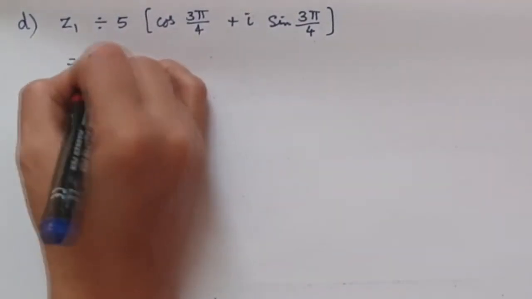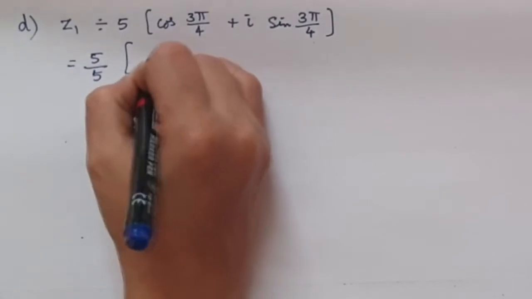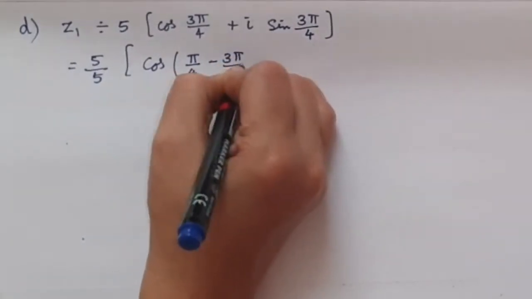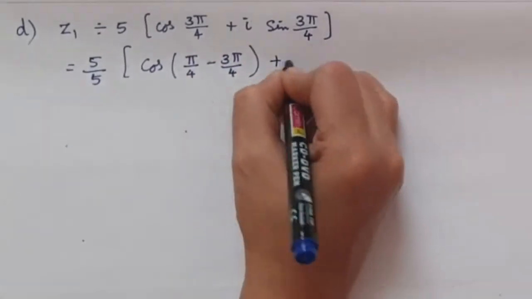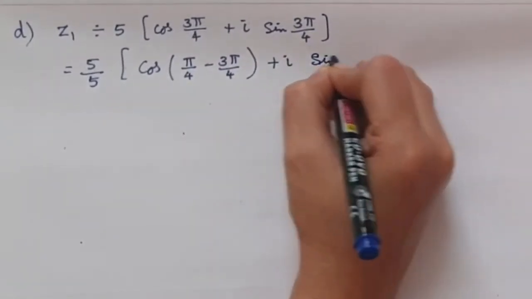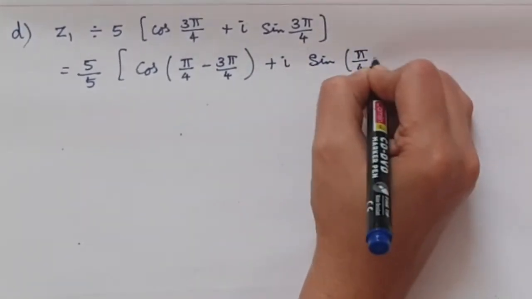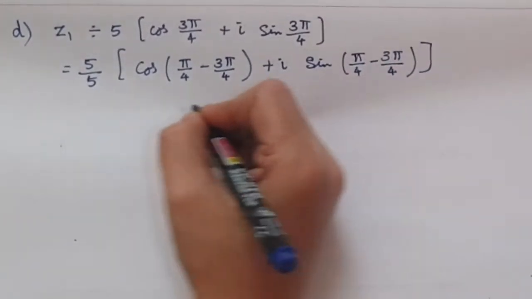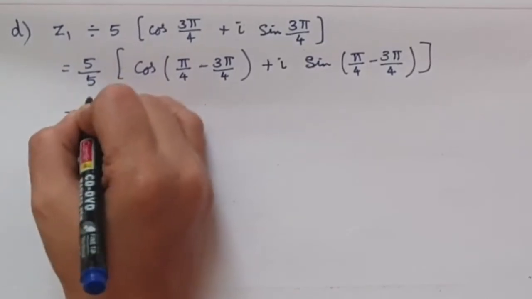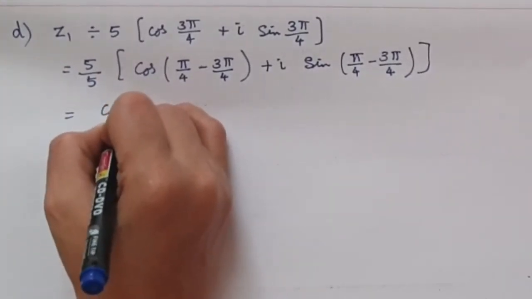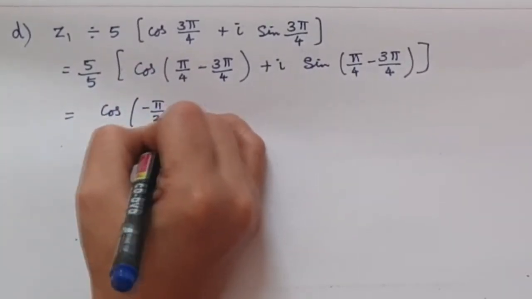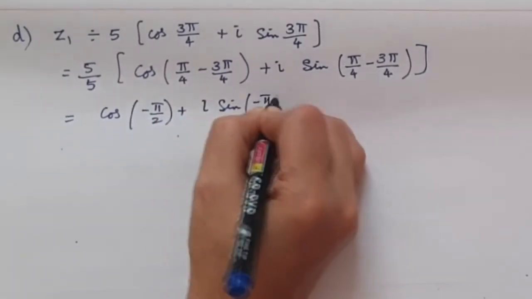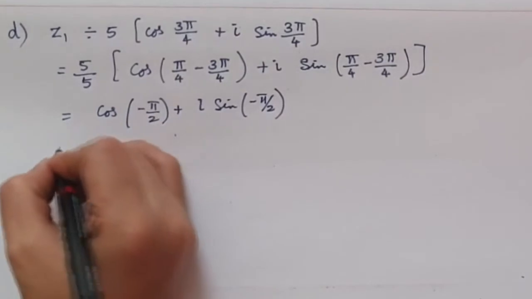D, z1 divided by 5 cos 3 pi by 4 plus i sine 3 pi by 4. So it will be equal to 5 over 5, cos of pi by 4 minus 3 pi by 4, plus i sine of pi by 4 minus 3 pi over 4. So 5 over 5 is 1. So it is cos of minus pi by 2 plus i sine of minus pi by 2.